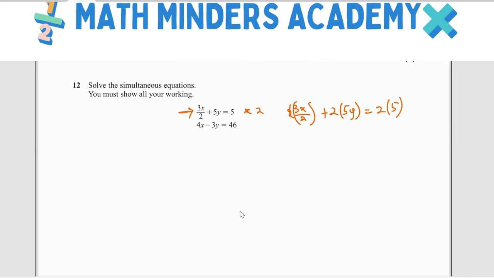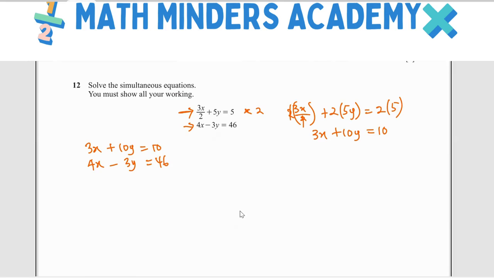So we are going to have 3x plus 10y equals 10. And the second equation is 4x minus 3y equals 46.